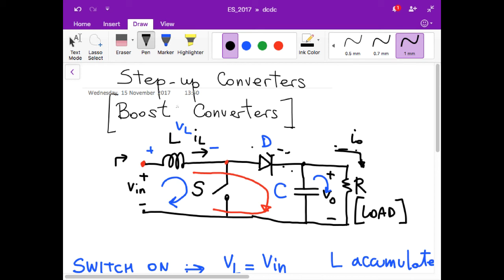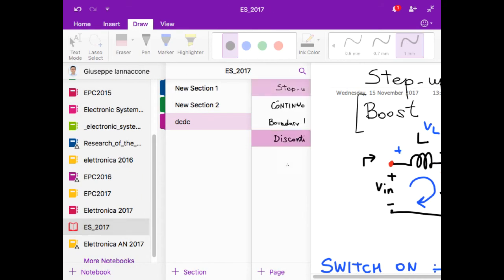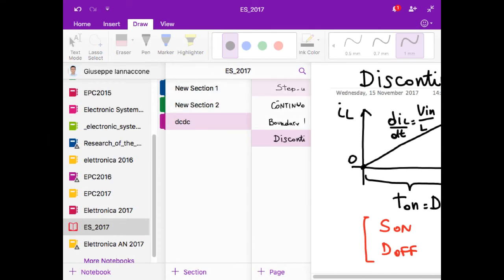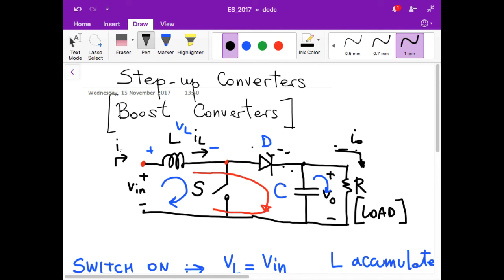And therefore this means that if we call, for example, I in the average input current and IO the average output current, the product of V in times I in, which is the input power, has to be equal to the product of VO times IO. Okay, this is in the assumption of no power consumption in the middle. But of course, all the elements are not elements that dissipate any power.